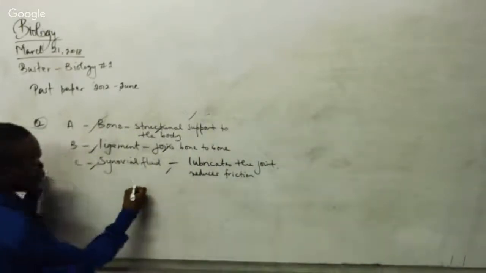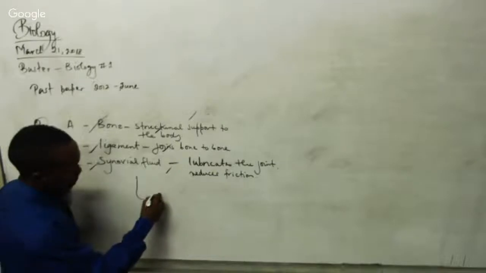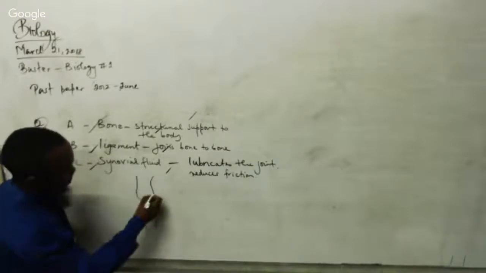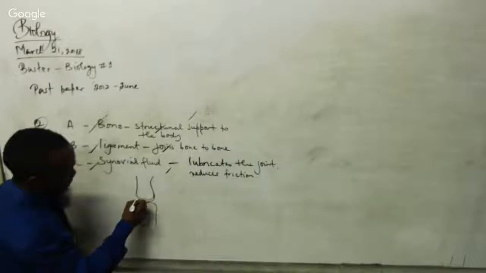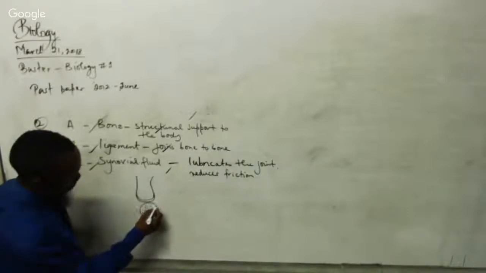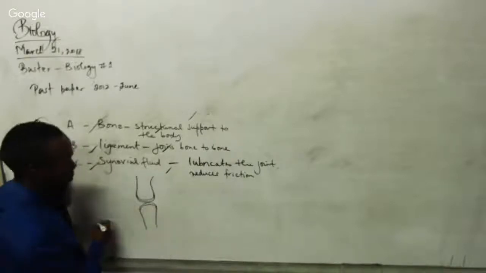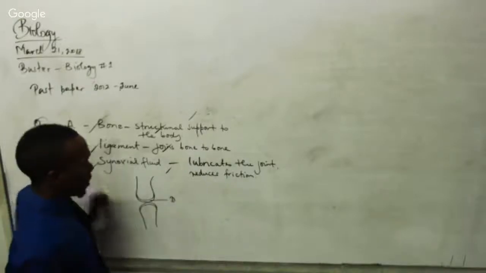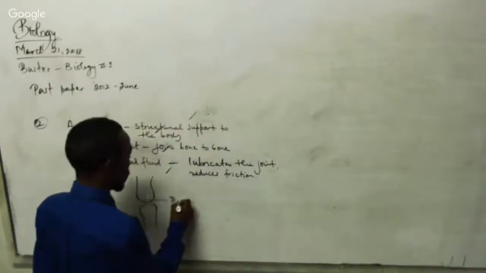So the bone is there, and the cartilage is right here. Say cartilage, part D.